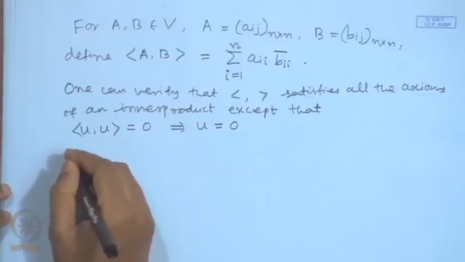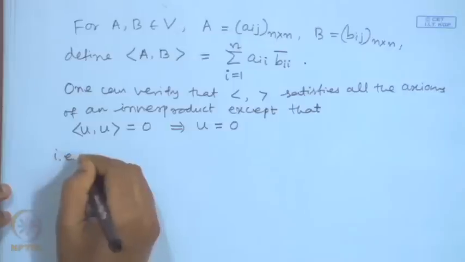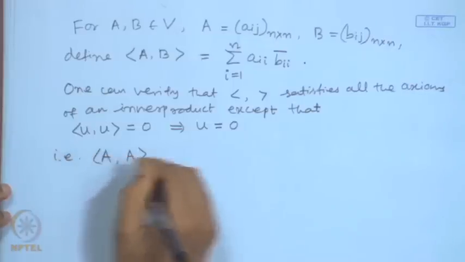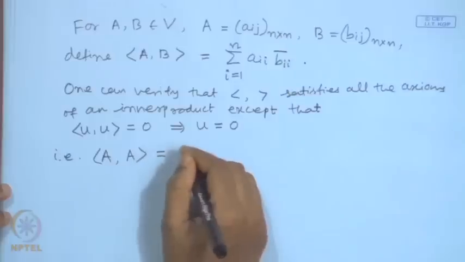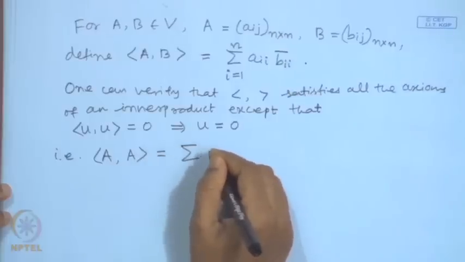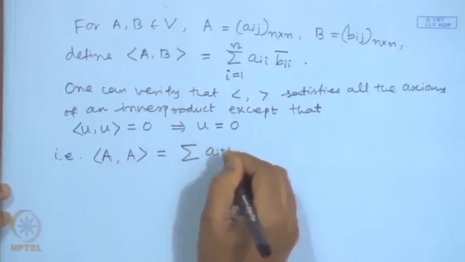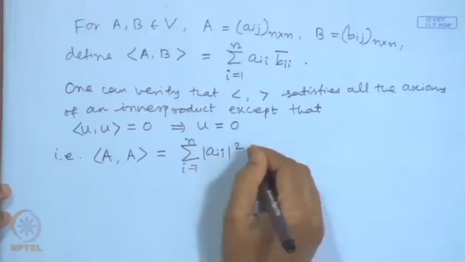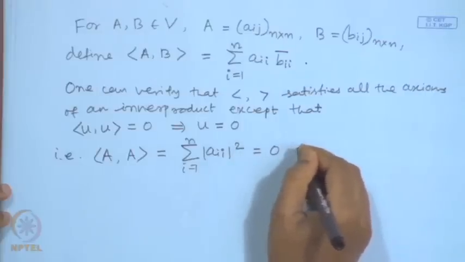That is, inner product of A with itself is equal to the sum of mod a i i square, I from 1 to n, equal to 0.